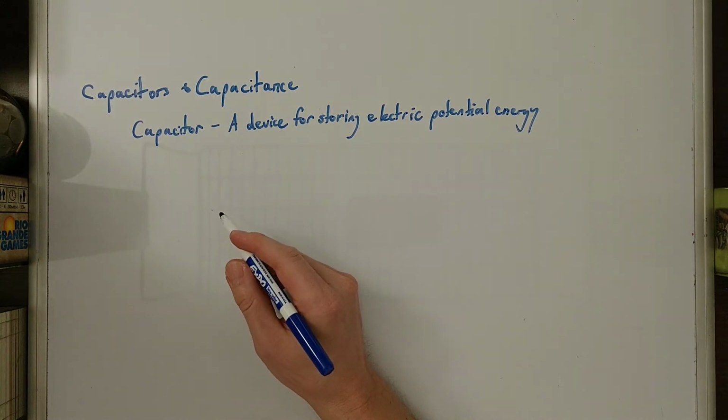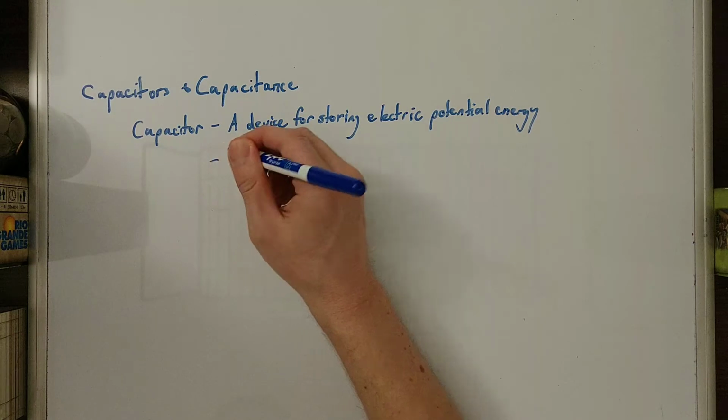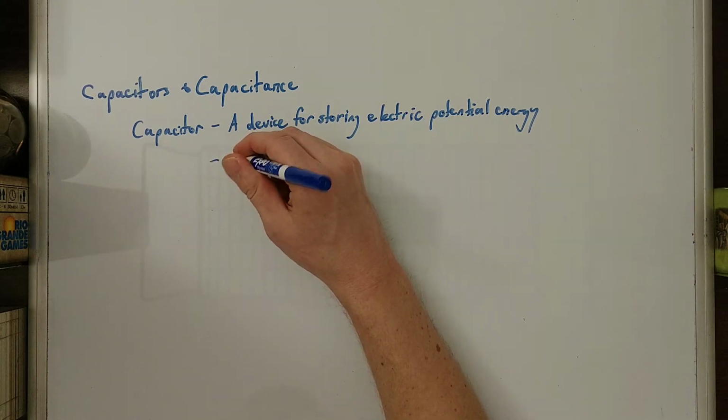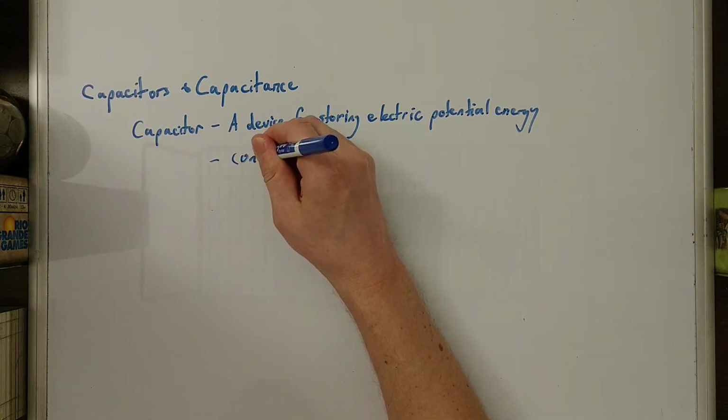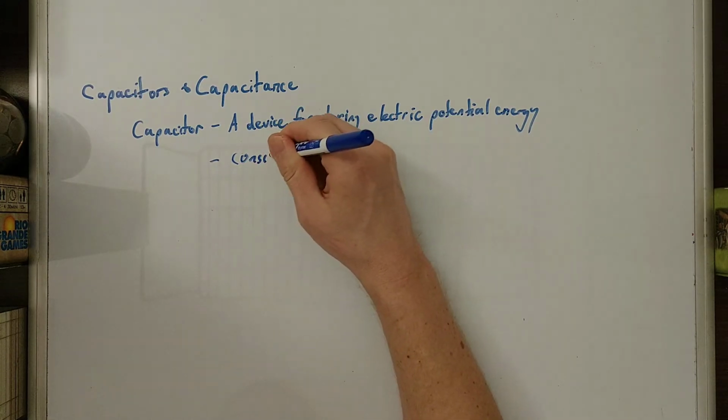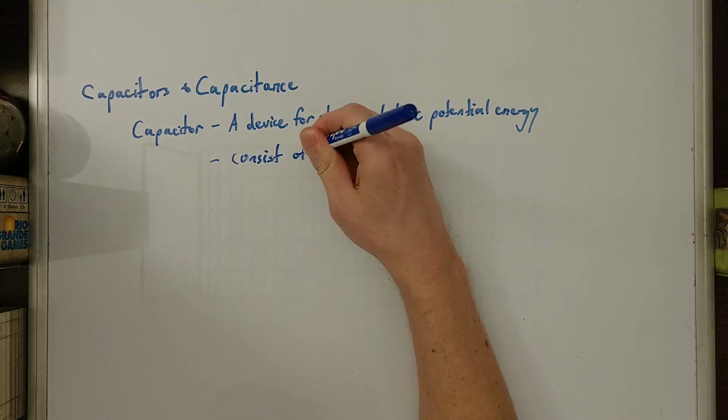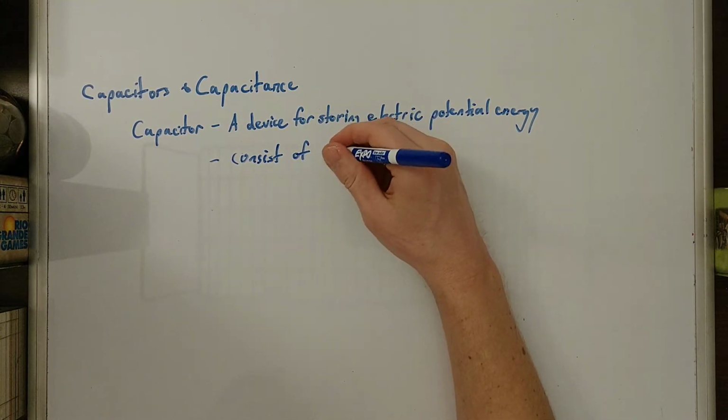And how do we do that? Well, what we end up doing is you take a couple of conductors, so it's going to consist of a couple of conductors.